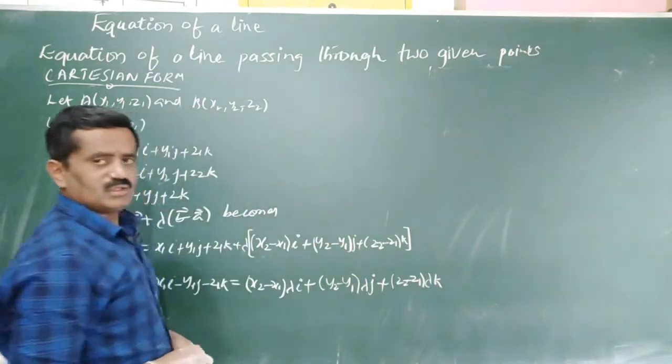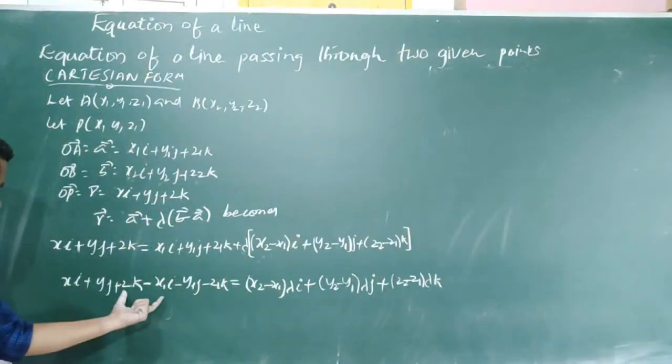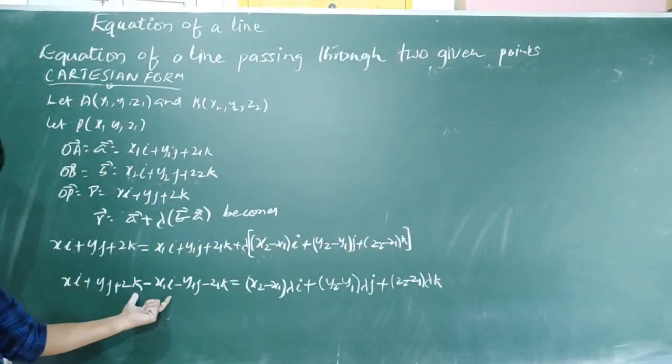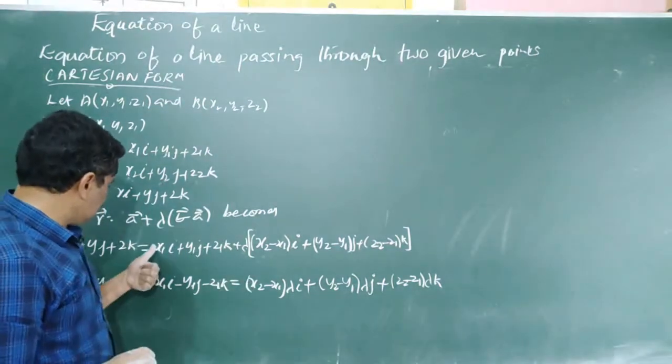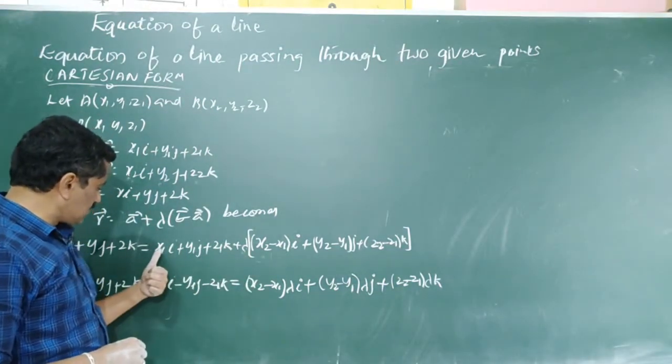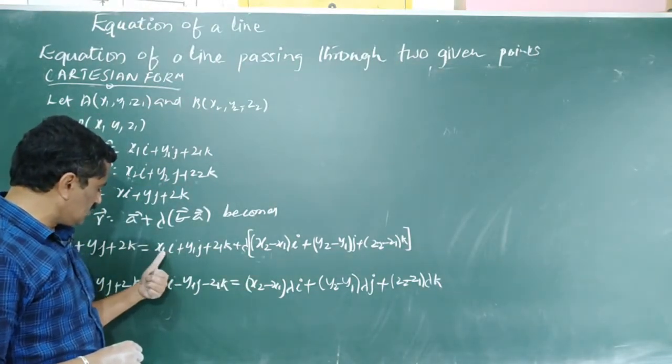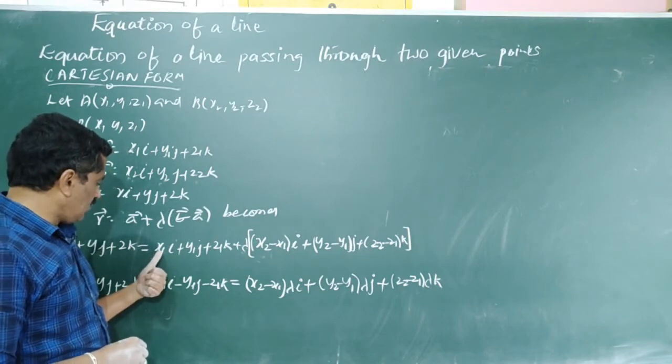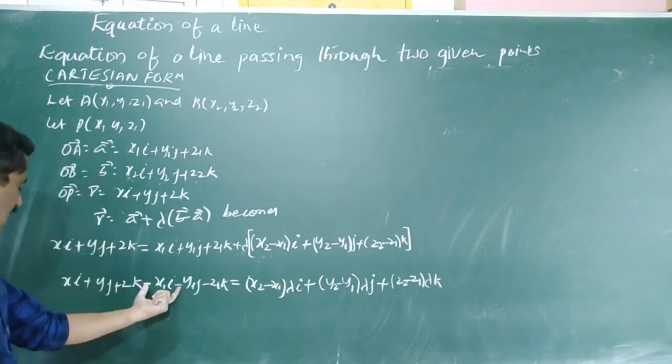Here is the subtraction of two vectors, so minus multiplies each component.